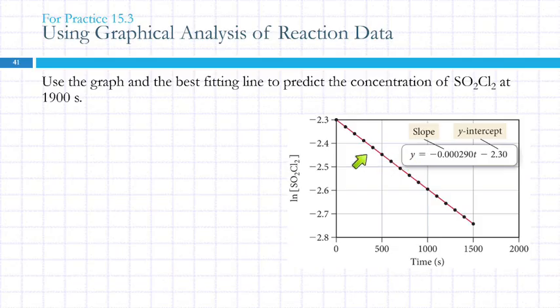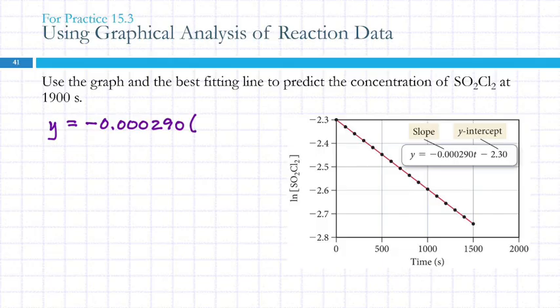So y is the natural log of the concentration. t is the time. The intercept is the natural log of the initial concentration. We don't even need to recognize that at that point. That's just going to sit there. Let's go back to purple. So y equals negative 0.000290 times t.